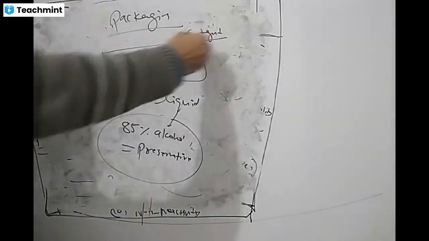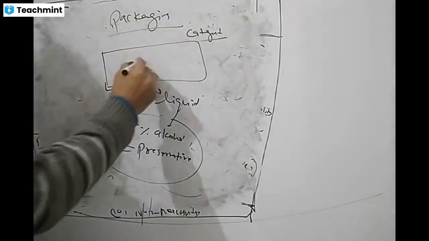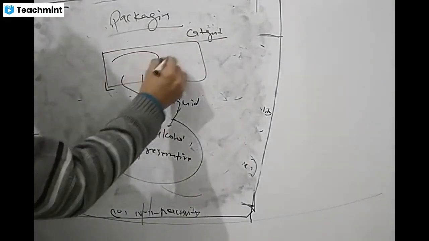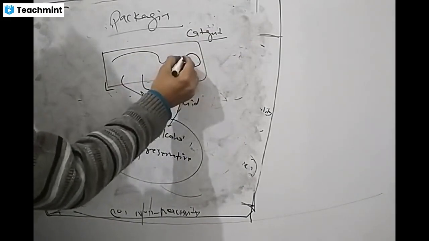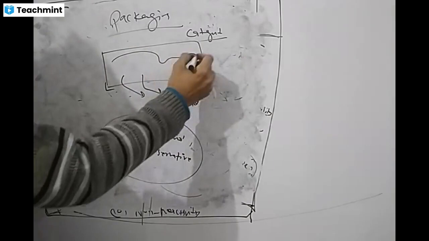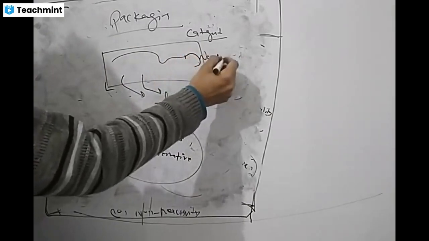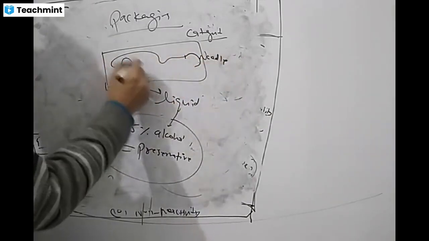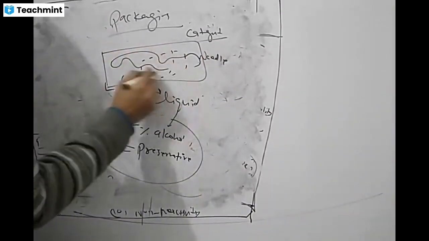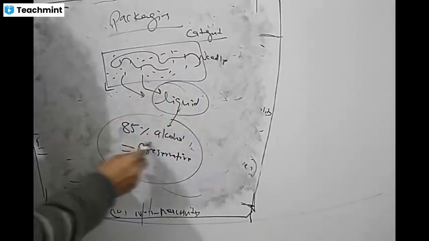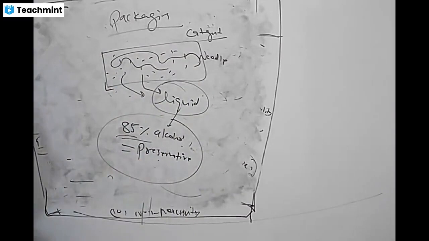If you open the catgut suture material, there will be the suture material and the needle. This is the needle and this is your suture material. And here you will find some liquid, and that liquid is nothing but 85% alcohol.